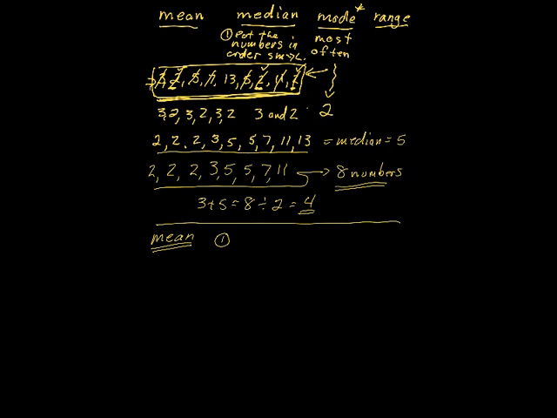Add them up, and I won't write it down, I'll just do it out loud. 2 plus 2 is 4, plus 2 is 6, plus 3 is 9, plus 5 is 14, plus 5 is 19, plus 7 is 26, plus 11 is 37, 47, it'll be 50.